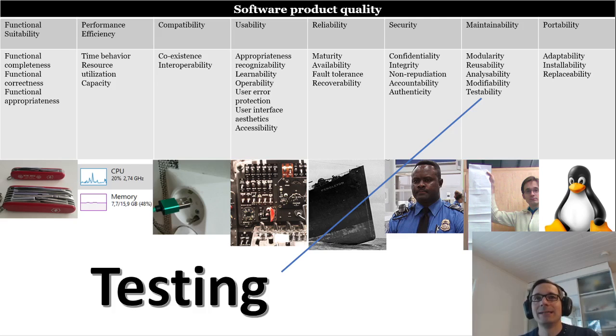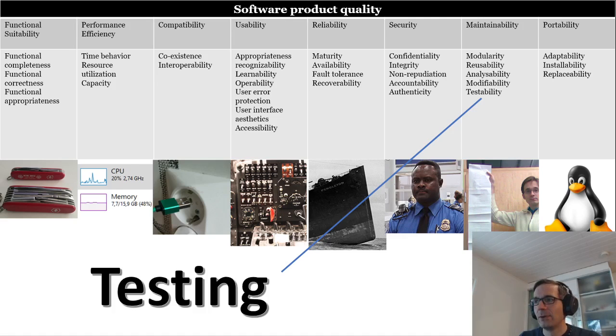under maintainability, we have a quality attribute, testability. This means how easy it is to test the software. And this testability quality attribute obviously influences the software testing we are going to do, how easy it is to do, how much effort, how many euros we need to spend on it.